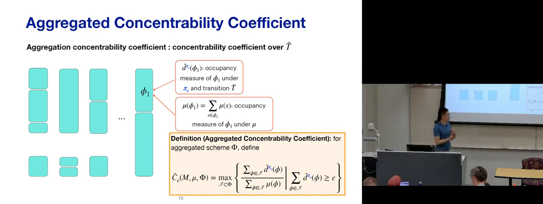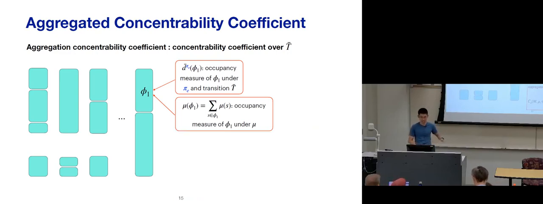Notice that we also require that the sum of the occupancy measures under the aggregated states is greater than epsilon. This condition is used in the proof so that we can get epsilon-accurate evaluations. But generally, you can view this as the occupancy measures or the coverability coefficient in the aggregated transitions.